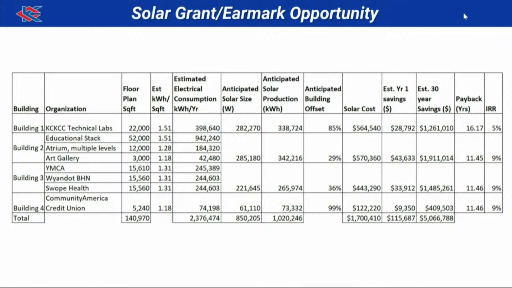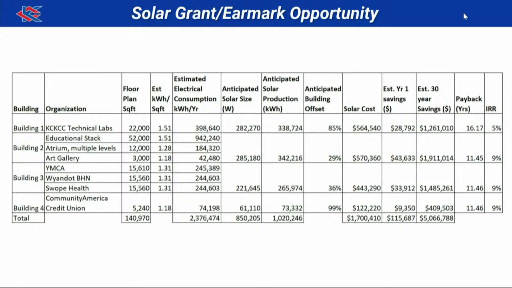We have the estimated electric consumption in kilowatts per year, which we collected quite a while ago when we were having conversations with BPU. Anticipated solar production is there in kilowatt hours.